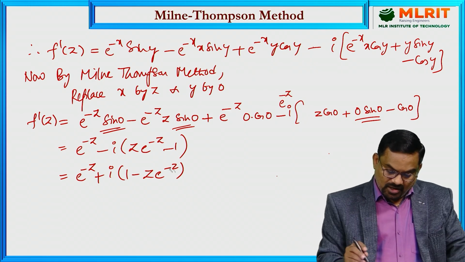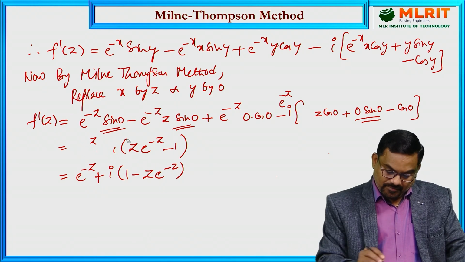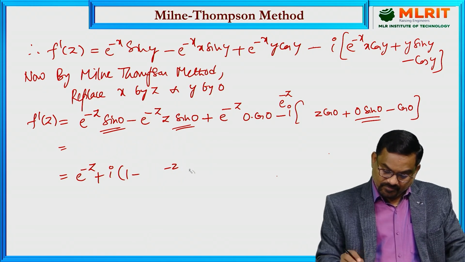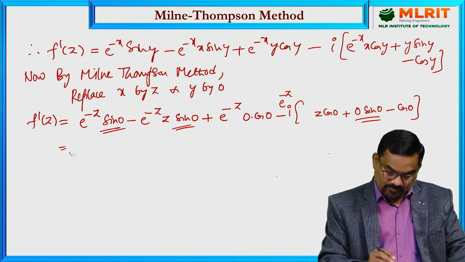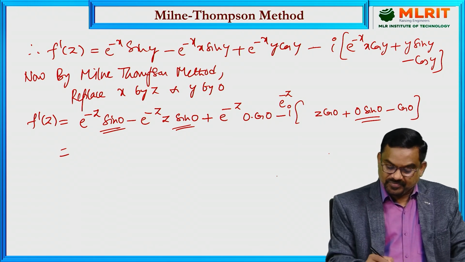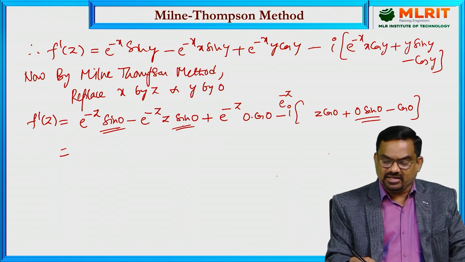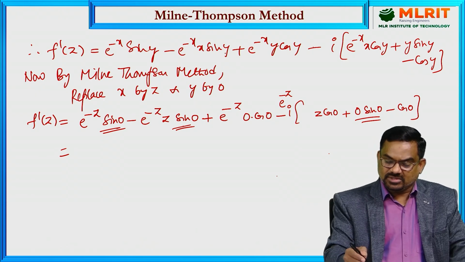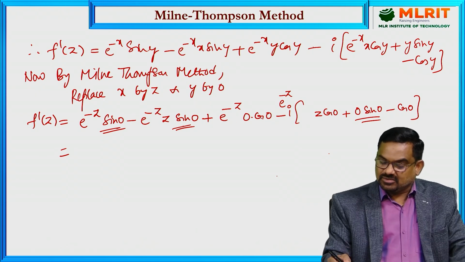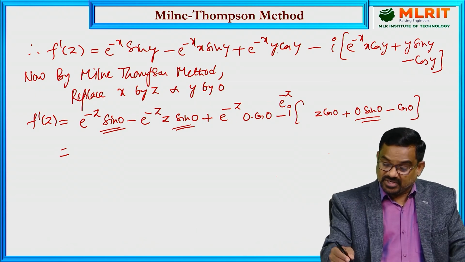Okay. Now, after simplifying, we know that sin 0 is 0. So, this term vanishes. Again here sin 0, sin y, cos y. So, cos 0. So, this term into y is there.